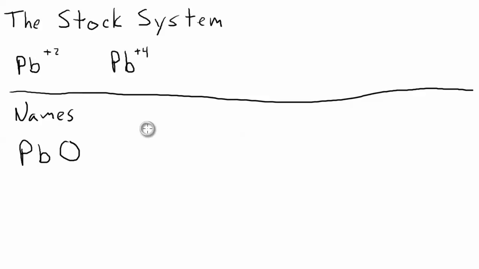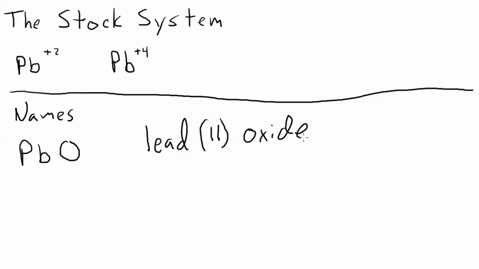And you put the charge of the positive ion right after the positive ion's name in parentheses. So if the lead oxide has the lead +2 ion, you put a Roman numeral 2. And so lead(II) oxide means that it has the +2 lead ion in it.